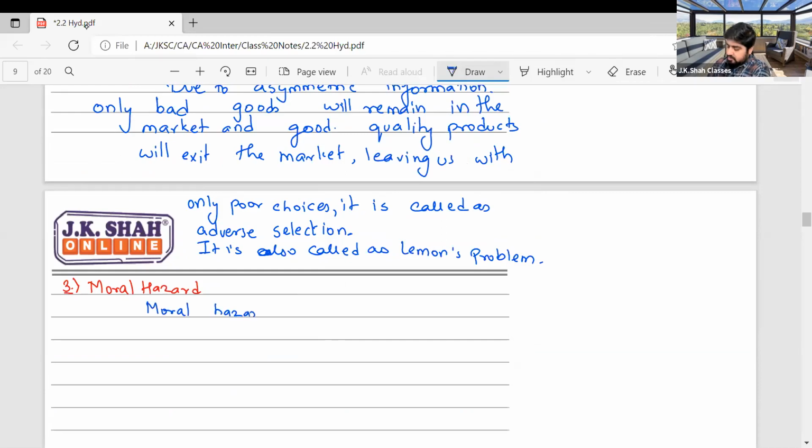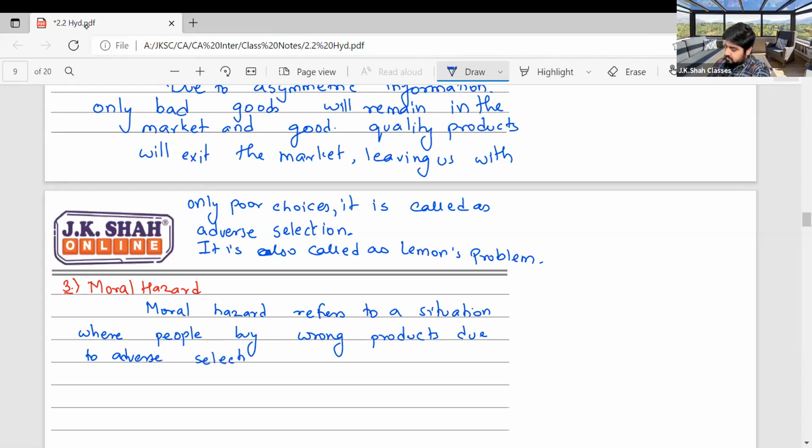Moral hazard refers to a situation where people buy wrong products due to adverse selection.